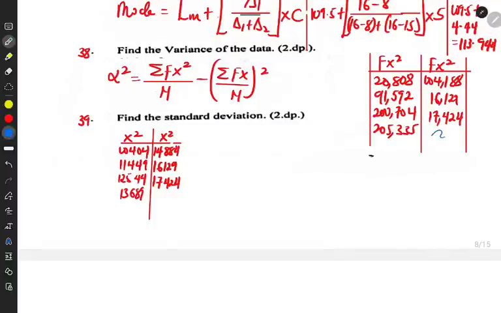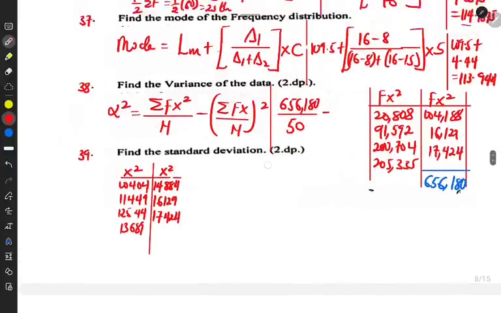So it means that in finding the total sum, you're supposed to have a total sum of what? 656,180. So this is going to be our summation of f of x squared. So therefore we can then come in and apply our formula: summation f of x squared, 656,180, divided by the frequency of 50, minus our mean.